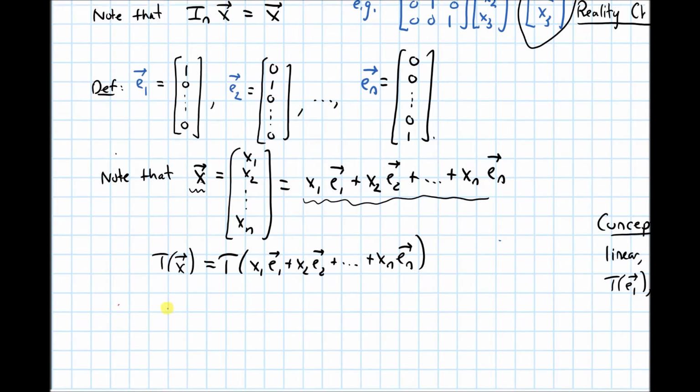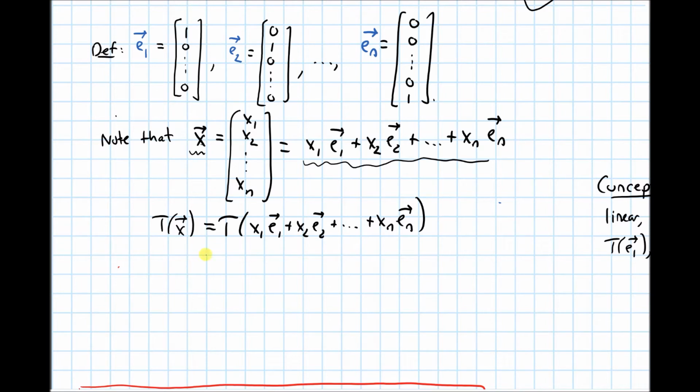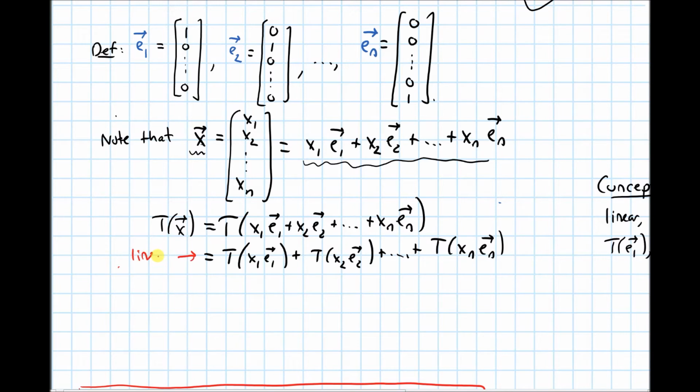Now the right-hand side, I can simplify using the fact that T is linear. I can first split this up as T of the first vector plus T of the second vector, x2 e2, plus dot dot dot plus T of the last vector, xn en. And there's another property of linear transformations: if there's a constant inside my function, I can pull it out to the front.